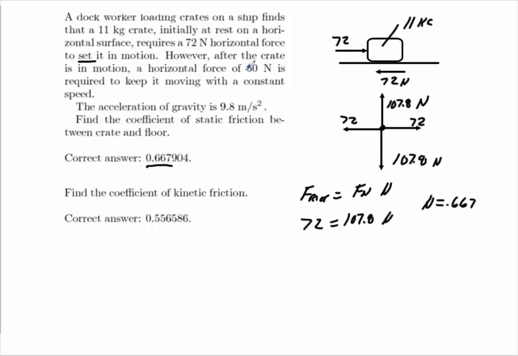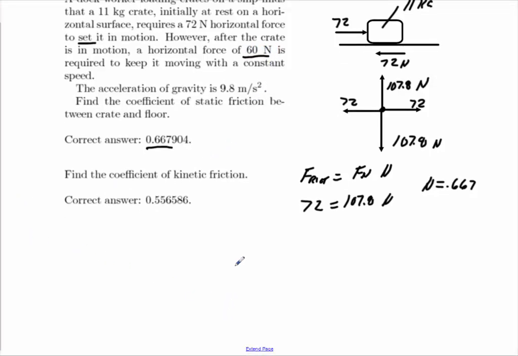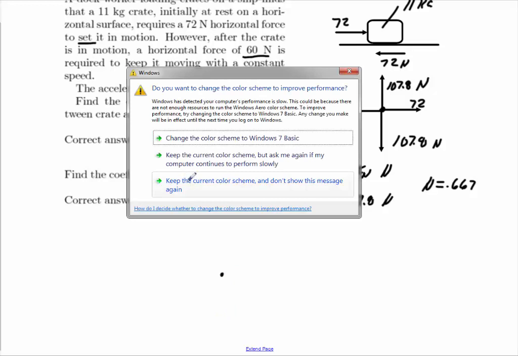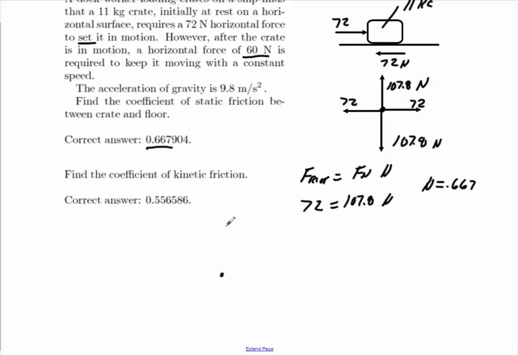Okay, the second part of the problem says after the crate is in motion, a horizontal force of 60 newtons is required. So if 60 newtons is required and the object's already moving, then what we're going to have is kinetic friction. So we'll draw our force diagram. We'll have 107.8 coming down. We'll have our F normal, 107.8.